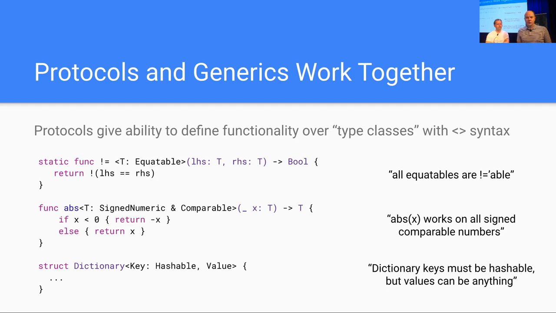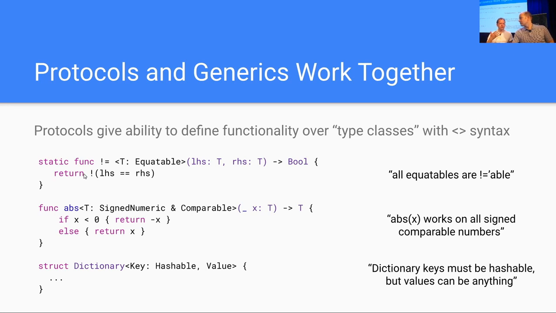What we're doing here is defining not equal on all things that are equatable. T colon equatable says, I work with any type that is equatable. This defines a function, not equal, that takes two of these things and returns a bool. We can implement not equal by just calling equals equals, which all equatable things have, and then inverting it.